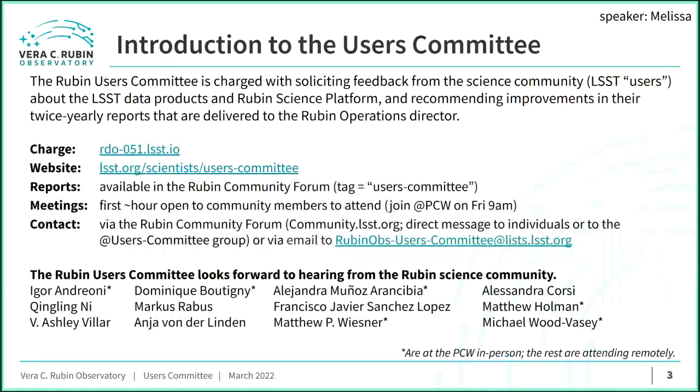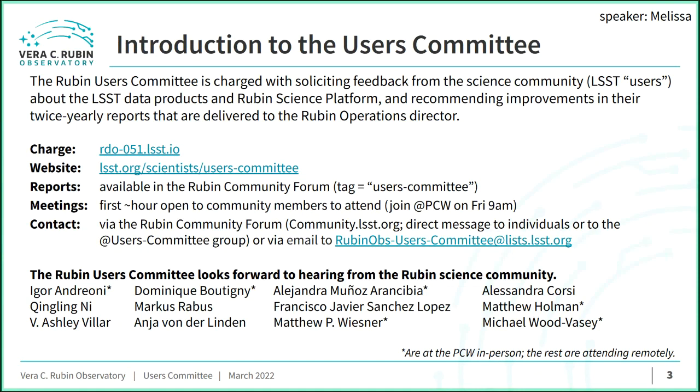Right. So introduction to the users committee. So the Rubin Users Committee is charged with soliciting feedback from the science community. That's what we call LSST users. And they're charged with soliciting that feedback about the LSST data products and the Rubin Science platform in particular, and then recommending improvements in their twice yearly reports, which go to the Rubin Operations Director and also to me, the lead community scientist for Rubin Observatory.